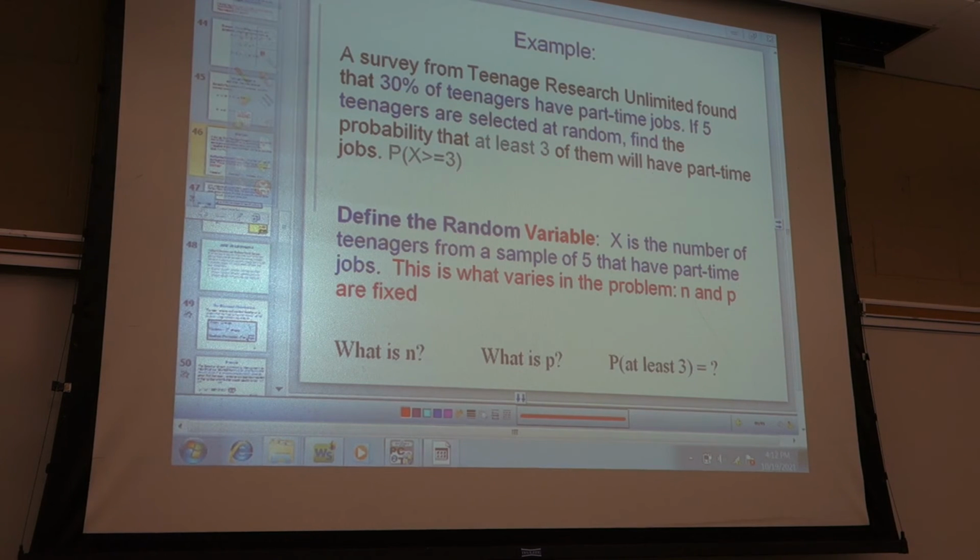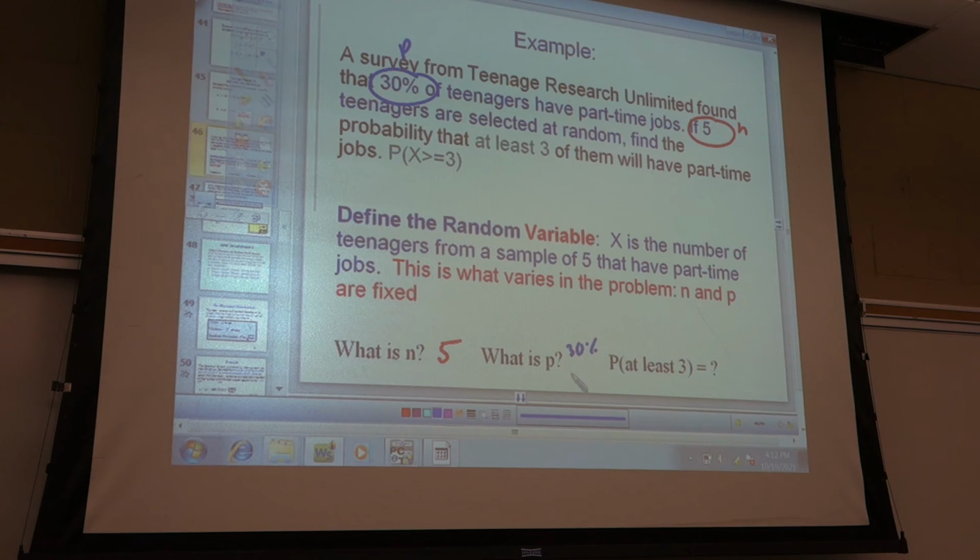All right, what's my n? 5. 5 teenagers are selected at random. That's my n. What's my little p? 0.3. Little p is 0.3, 30% of teenagers. Everybody on board?